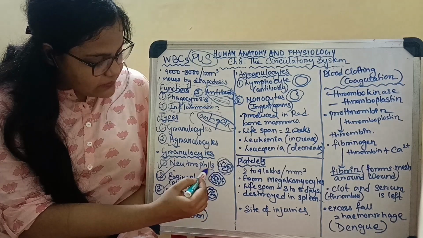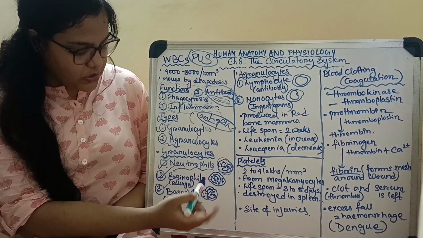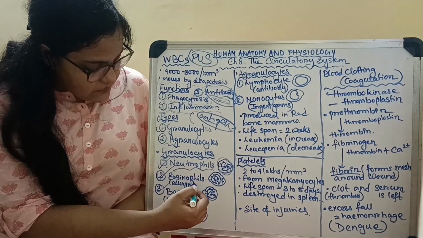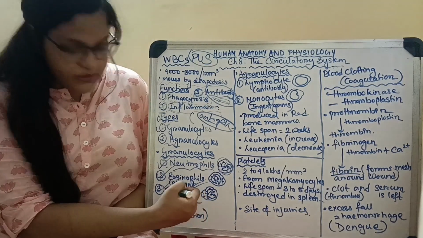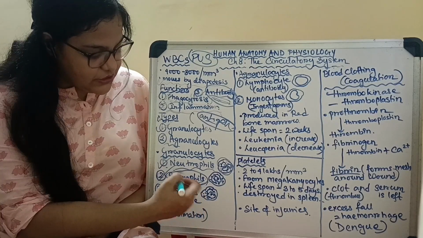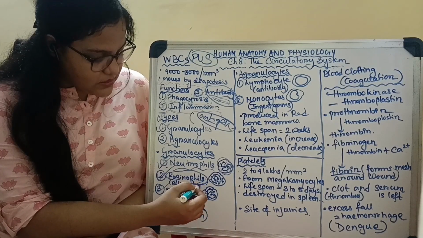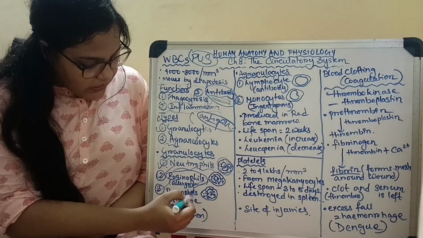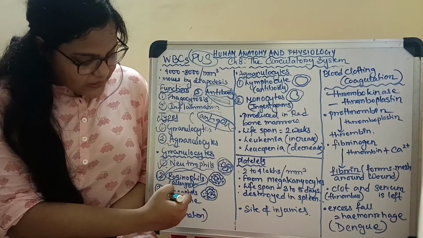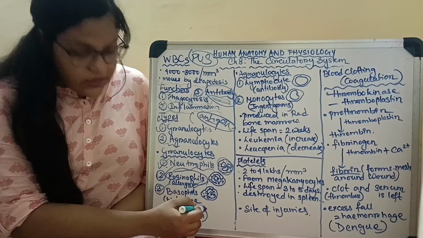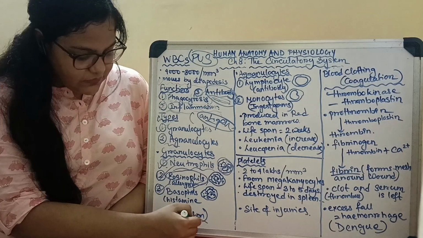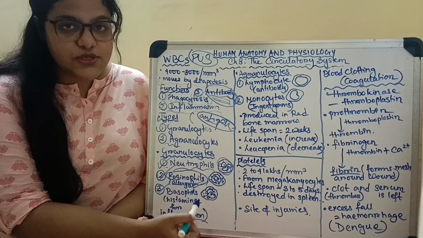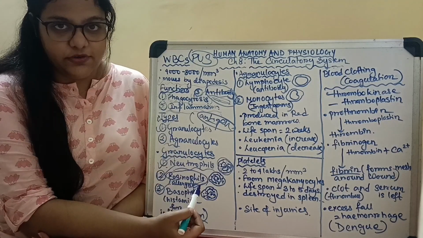Now neutrophils help in engulfing the bacteria and germs, while eosinophils specifically fight against allergic reactions. In allergic reactions eosinophils are found, in order to fight that. Next, basophils. Basophils produce histamine, which helps in inflammation. Now inflammation की क्या ज़रूरत होती है, वो हम पढ़ चुके हैं already, right?